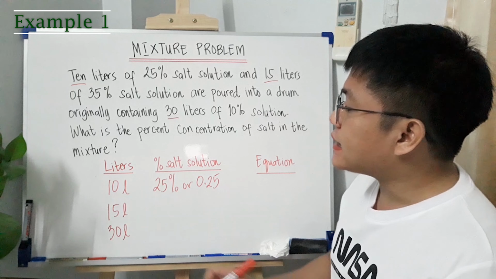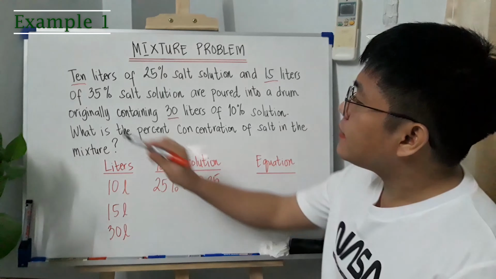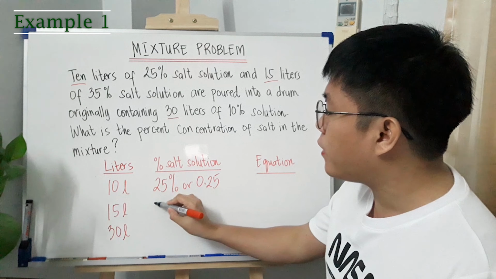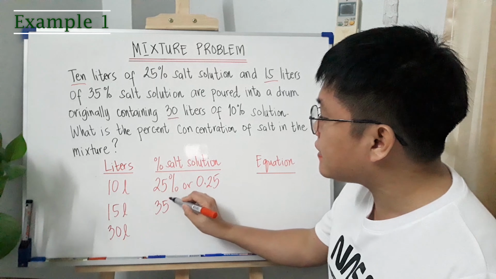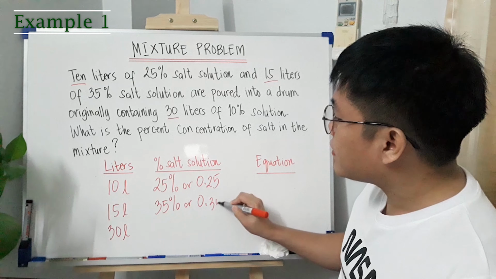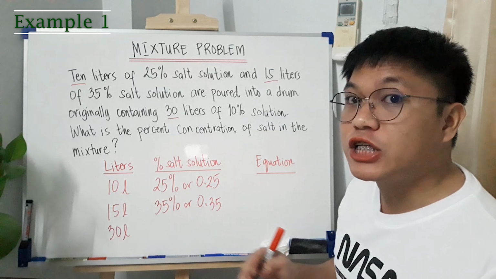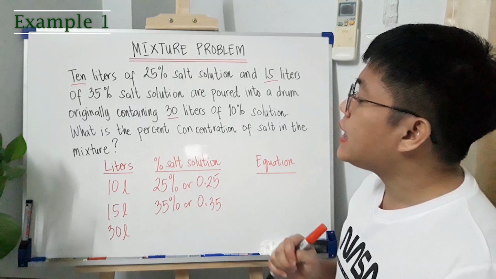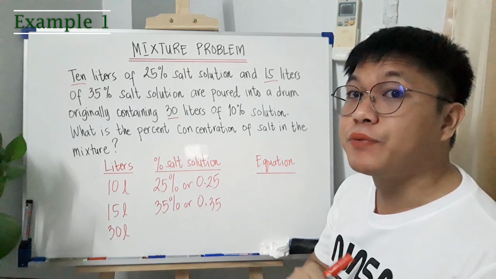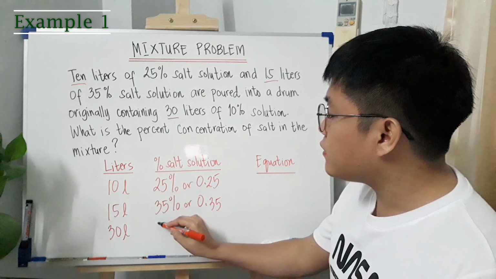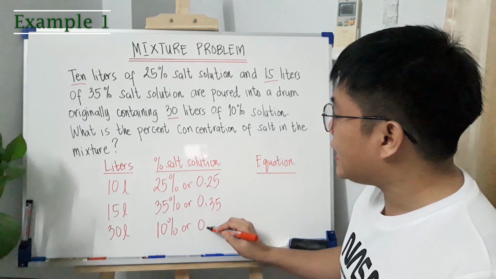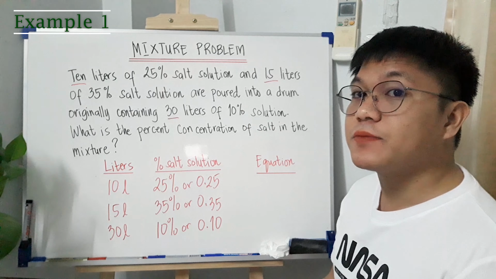Next, the 15 liters contains 35% of salt solution. So we are going to write 35%, or 35 hundredths, changing that into a decimal. And then lastly, we have 30 liters that contains 10% of solution, or 10 hundredths.